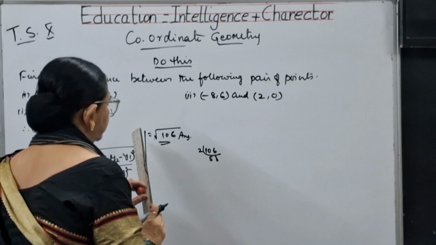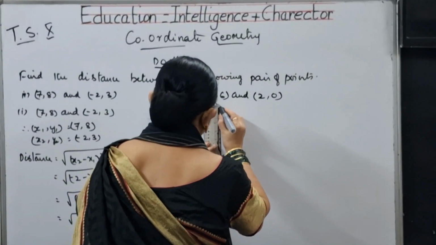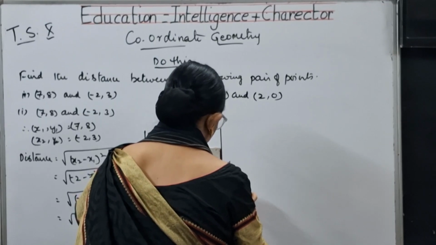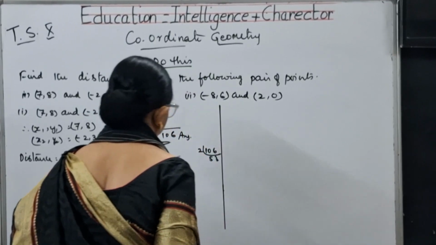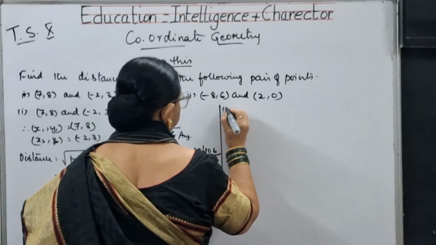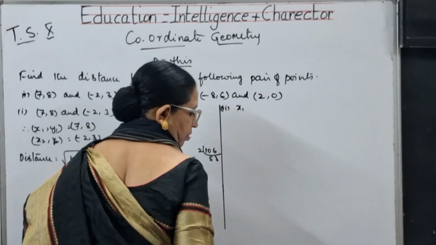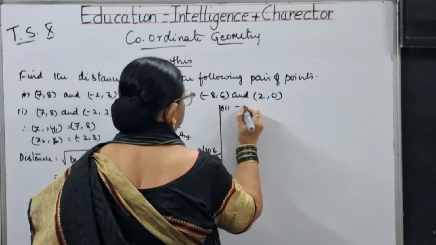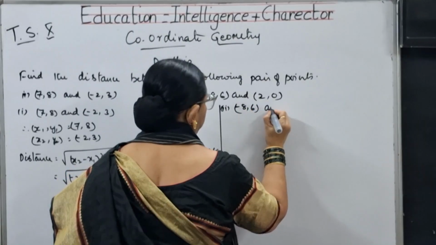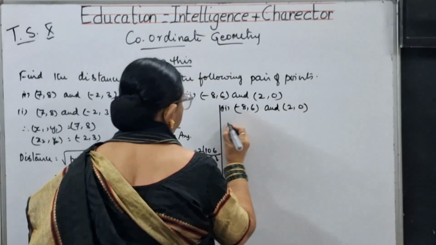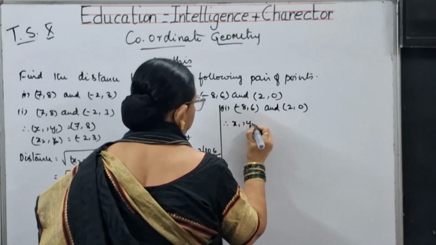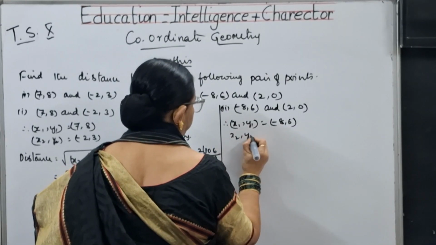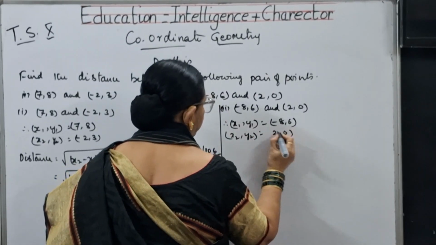Now let me go for the second one. First let me write the problem. The problem here is (minus 8, 6) and (2, 0). Therefore, x1, y1 is equal to (minus 8, 6). x2, y2 is equal to (2, 0).